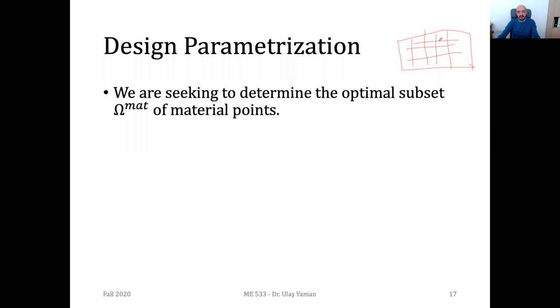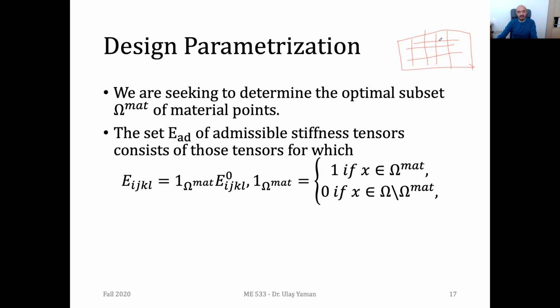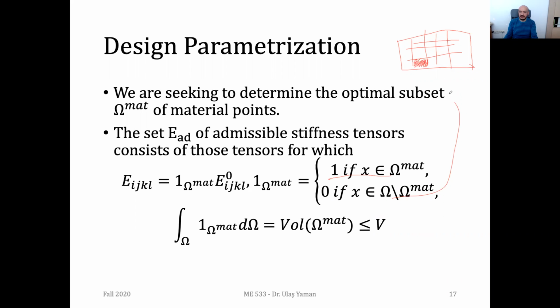We are trying to find a proper way to distribute these materials, and we may again make use of some stiffness tensors. Here you see the equation about them, and we have two cases. In the first case, we may have material in elements. For instance, this might be filled with material, and we may not have any material in such finite elements.